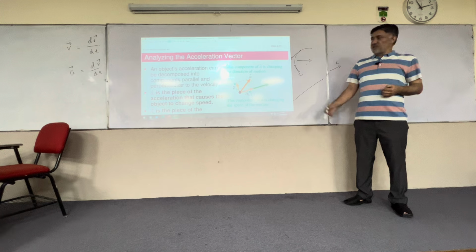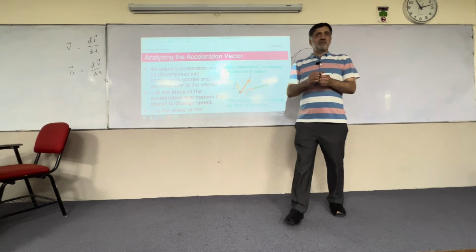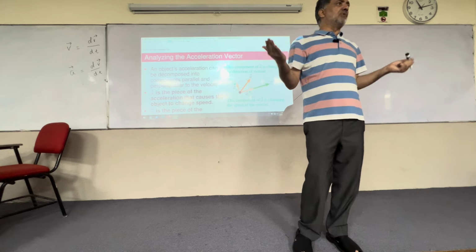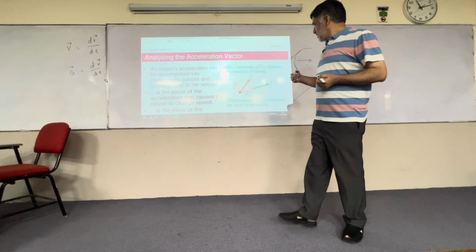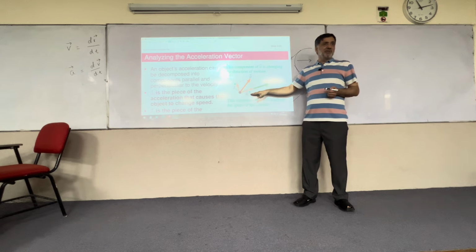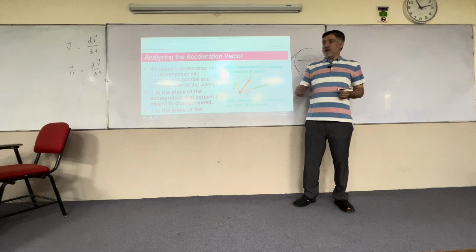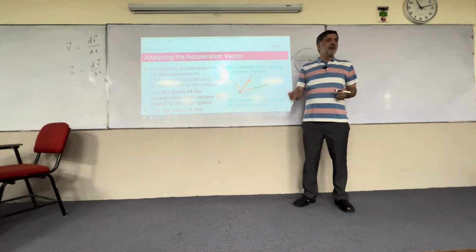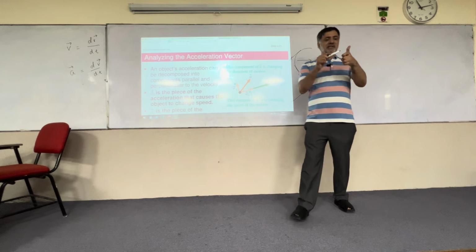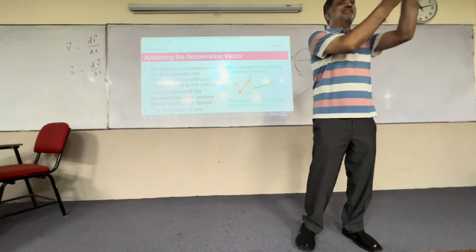But here you can't do that, because the speed and the direction are both changing. So you may have one axis along the motion, wherever the motion is, and one axis normal to the motion. So actually you have a coordinate system which is not fixed, but changes with the motion.